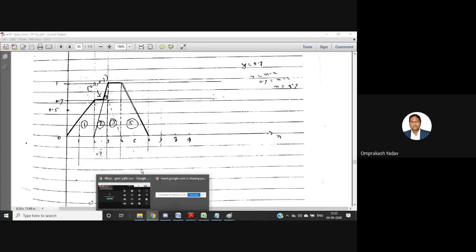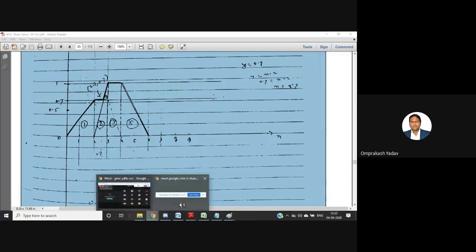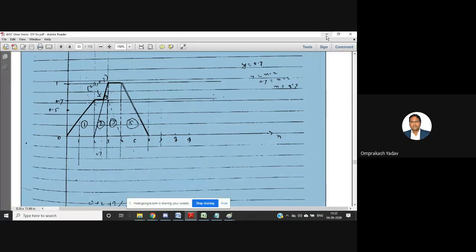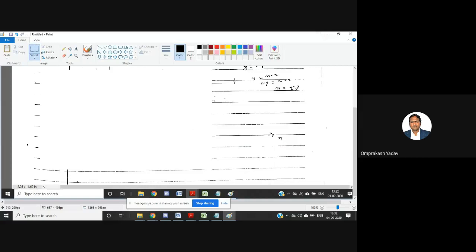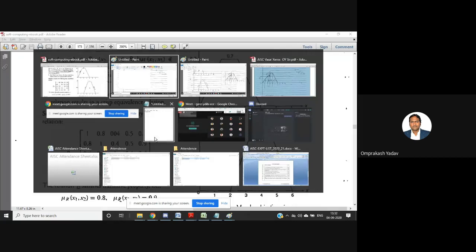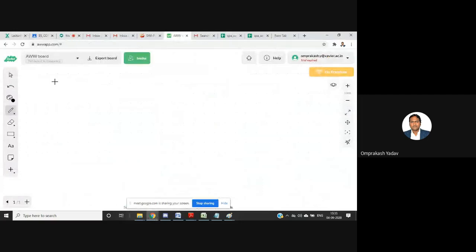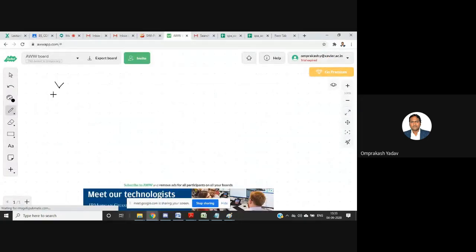So to determine this intersection point, we need the equation of both the lines. So the equation of this line is what? Y equal to 0.7. Let me show you. Y equal to 0.7.